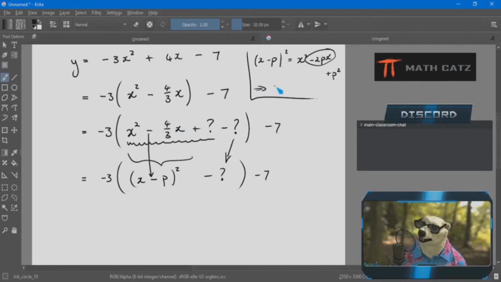So that means that minus 2p has to be minus 4 over 3, because that's the coefficient of the x that I see. Now the negatives don't really matter because I made sure they are correct.